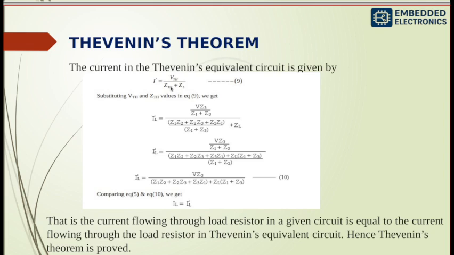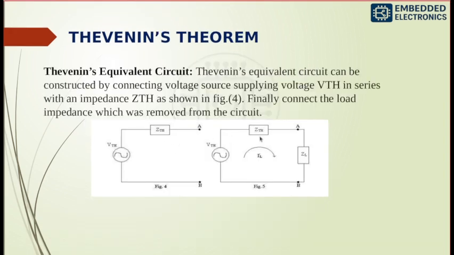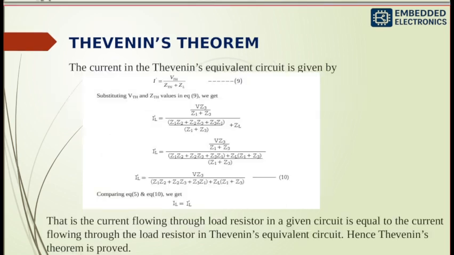We know what I is: I means V by Z. From this circuit V means VTH, Z means ZTH plus ZL. So you need to substitute the values which we got from the previous equations. Then you will get like this. Now you need to add and multiply by Z1 plus Z3 to take the LCM. Then it will become like this.